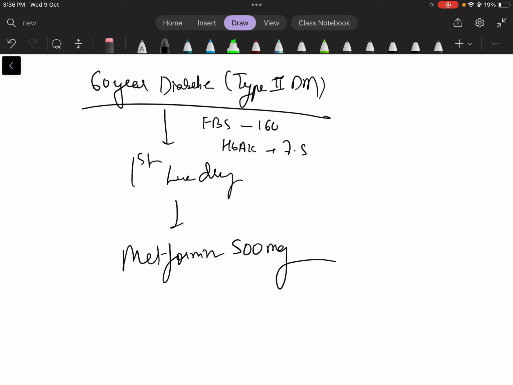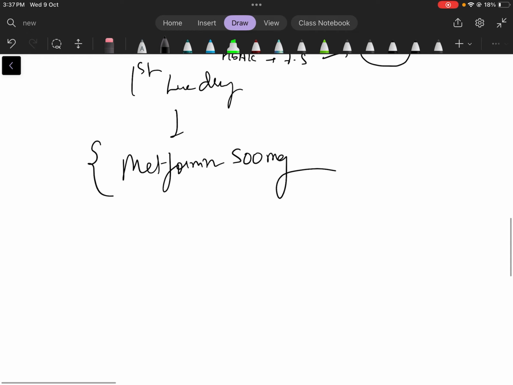Another important thing which I forgot to mention is, if HbA1c is more than 9.5, it's better for you to start insulin. If it is less than 9.5, the first drug, which is metformin, is quite commonly used. You start with metformin 500 mg.